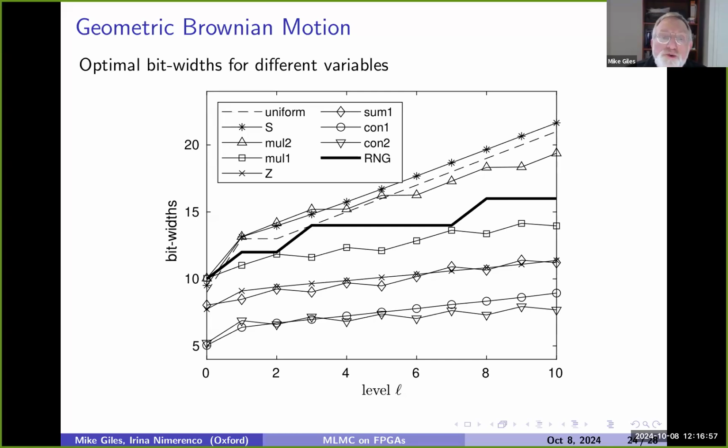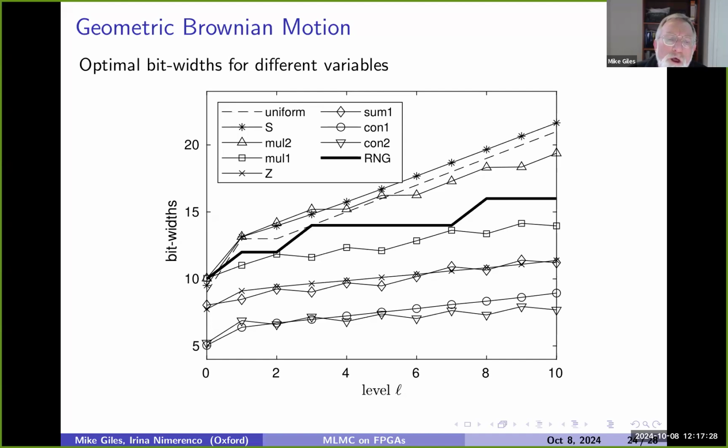This then shows how the optimal number of bits varies for different variables as we go through the different levels of the multi-level. Okay, so let's talk through the key points here. So the dashed line here is the optimum bit width when all variables have the same width, the same number of bits.